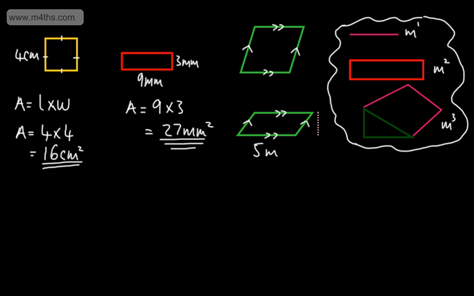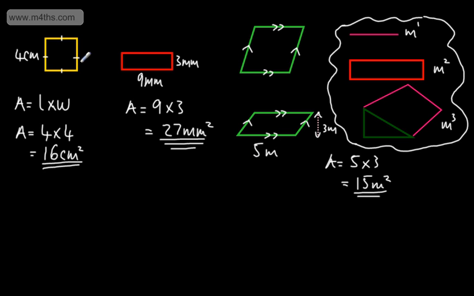If we were told that that was going to be 3 metres, we can say that the area is going to be equal to 5 multiplied by 3, and that's going to give us 15 metres squared. We must have the perpendicular height, not the slant height, to work with. We could of course try and find the perpendicular height from the slant height, but that's a bit beyond the scope of this particular video. So that's what I've got.